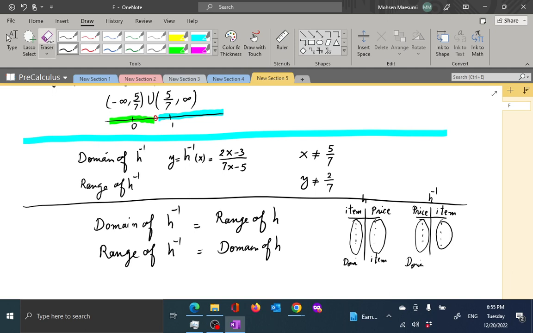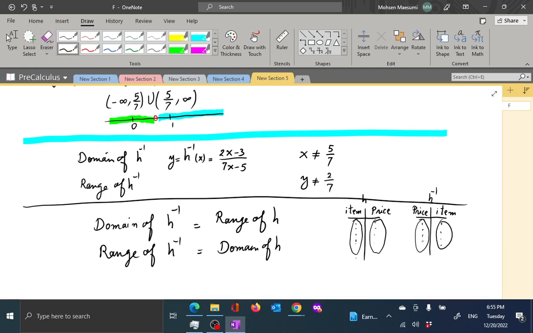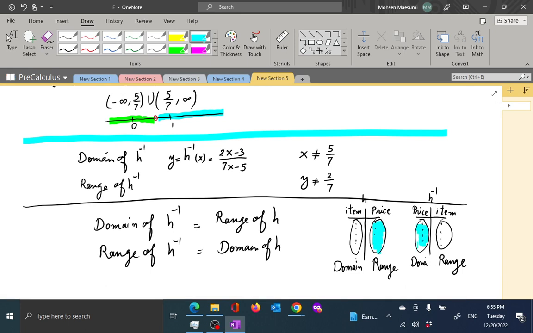Whatever you have here is called the domain. Whatever you have here is called the range. In this case, again, whatever you have on the left is called the domain, and whatever you have on the right is called the range. But if you notice, these prices are the same as, of course, these prices. There's nothing peculiar about that.